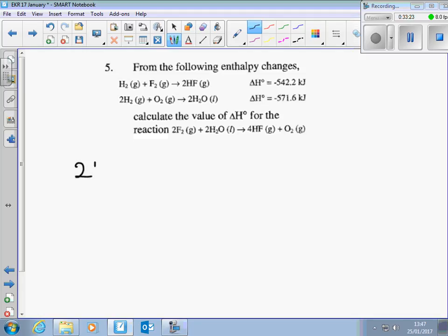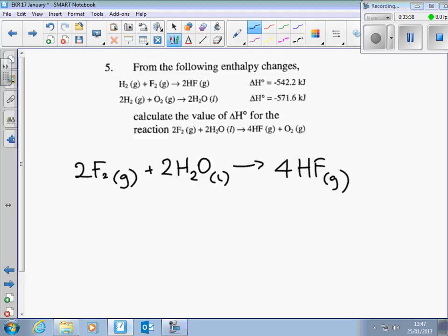Habit I need to get into. 2F2 and 2 water gives us 4 molecules of hydrogen fluoride, which is a gas, and some oxygen, also a gas. So that is our reaction.